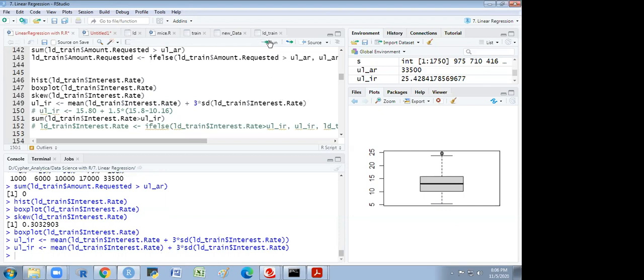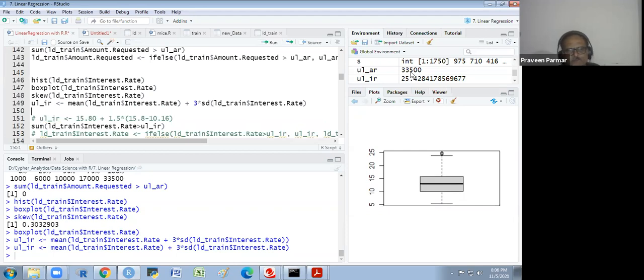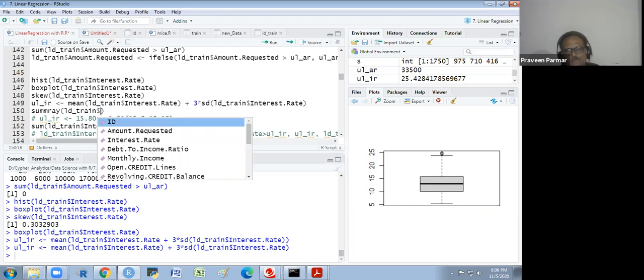Are we getting this value 25.42? For this, I would like to see the summary. Summary for LD_train interest rate.